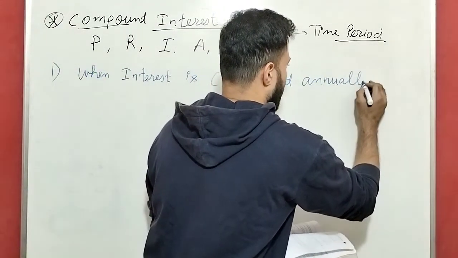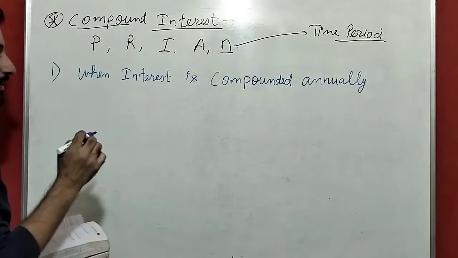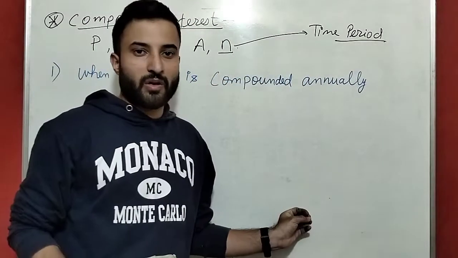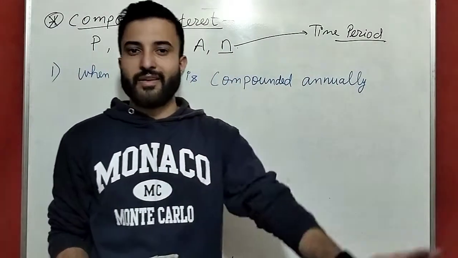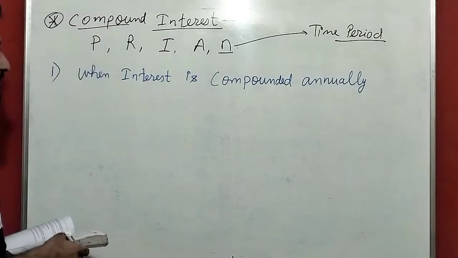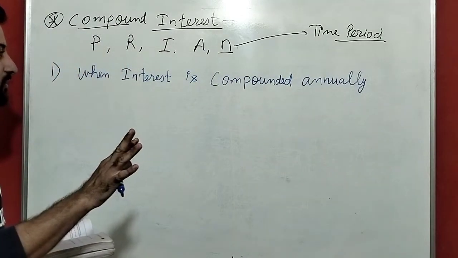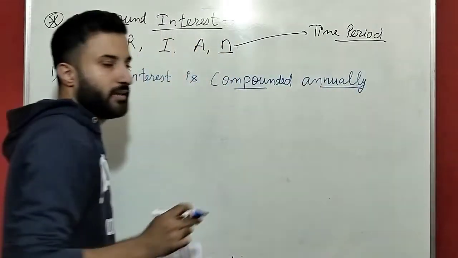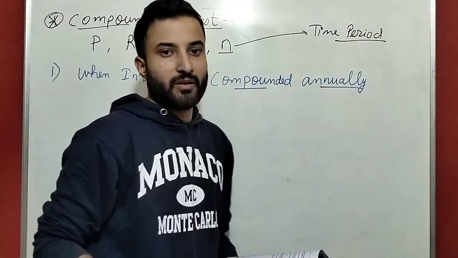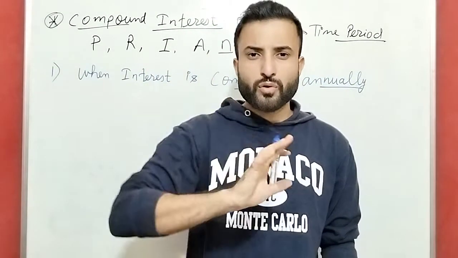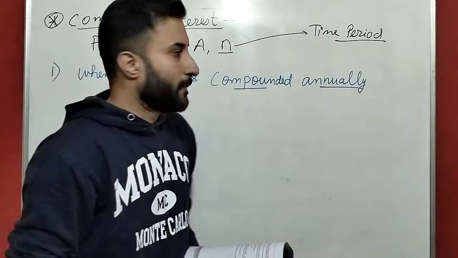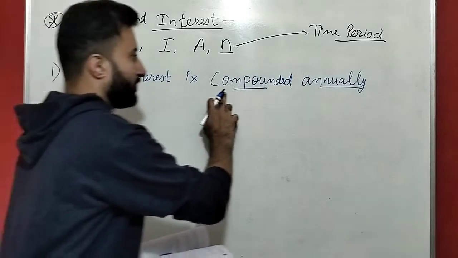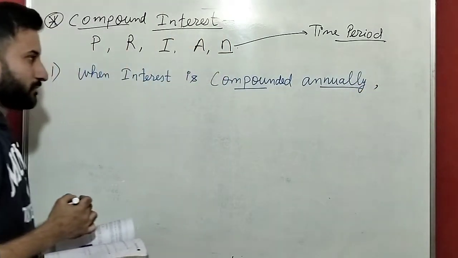In the question itself they will give it. It's compounded annually or compounded quarterly, compounded half yearly, like that they will give in the question. So no need of applying so much brain. In the question itself they will give that interest is compounded annually.